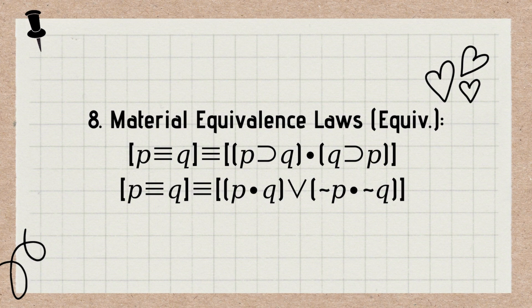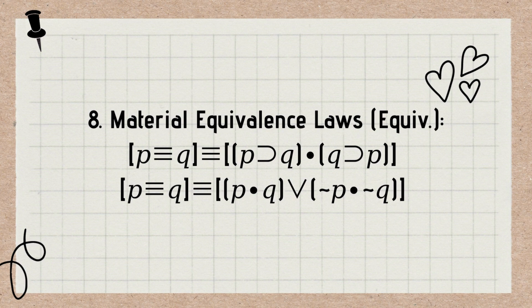The eighth is the material equivalence law: P biconditional Q is equal to (P implies Q) conjunction (Q implies P). The second form is that we can also replace it by (P conjunction Q) disjunction (negation P conjunction negation Q).